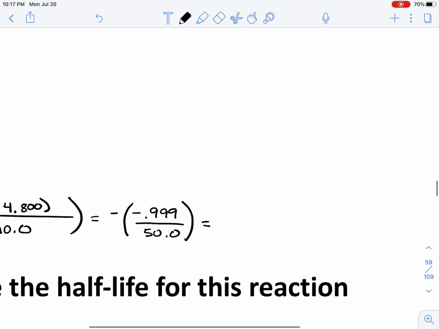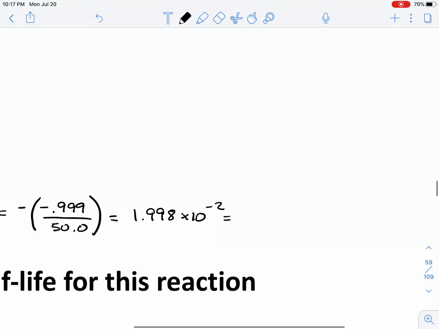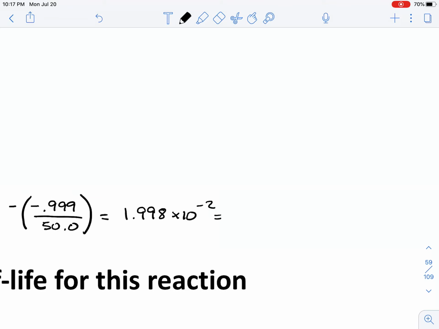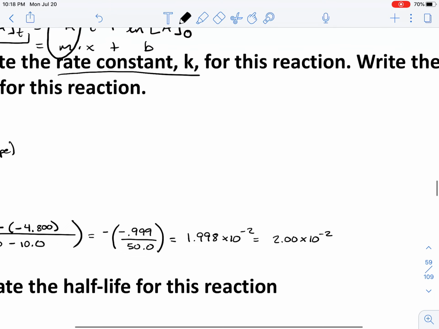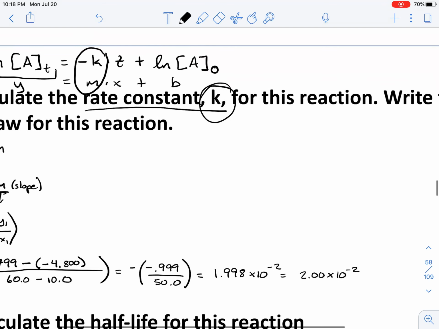And so if I were to put this into my calculator, I get a raw value of 1.998 times 10 to the negative 2. And if I were to round to the correct number of sig figs, I'll get 2.00 times 10 to the negative 2. Now remember, the rate constant k has a very specific unit.